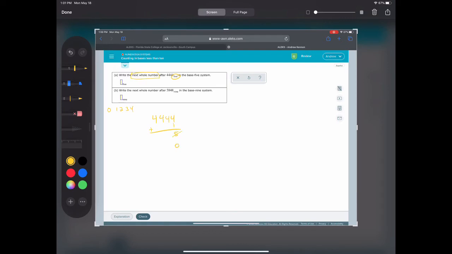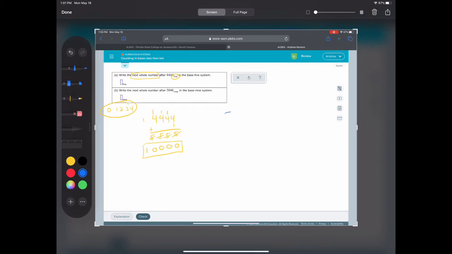Well, I can't use 5, so I do 0, carry a 1 over. 1 plus 4 is 5. Can't use 5 because it's not in those numbers. So I put a 0, carry the 1 over. 1 plus 4 is 5, can't use 5, 0, carry the 1 over. 1 plus 4 is 5, can't use 5, so 0, carry the 1 over. So this one actually kind of looks like 10,000. It's not really 10,000, it's 1, 0, 0, 0, 0.